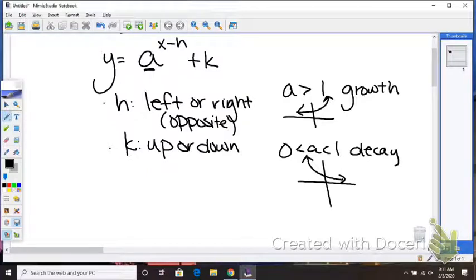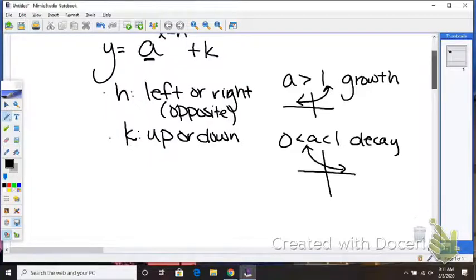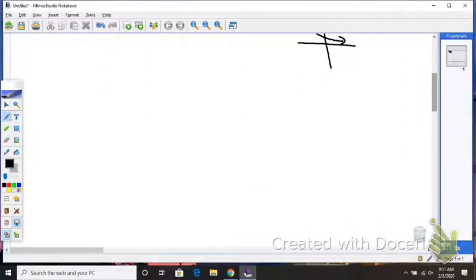So let's look at what an original graph looks like. I don't like these examples. I'll make it my own. So here's the original graph. We're going to start with a growth.